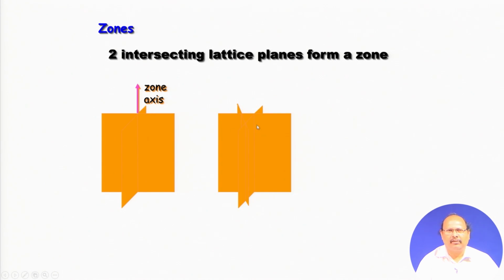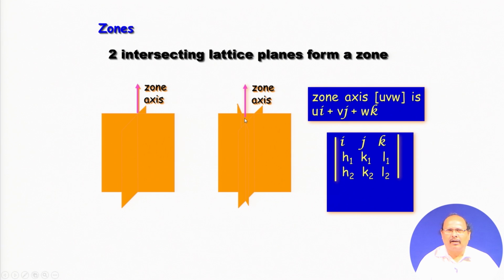And if there are three planes, they can also intersect in a common line, and you can also have a zone axis here. And how to represent the zone axis here? If the symbol is u v w, in vector nomenclature you can write it as u i plus v j plus w k.